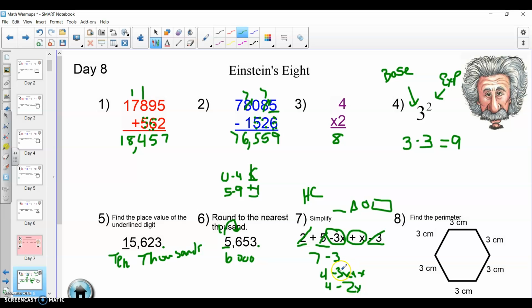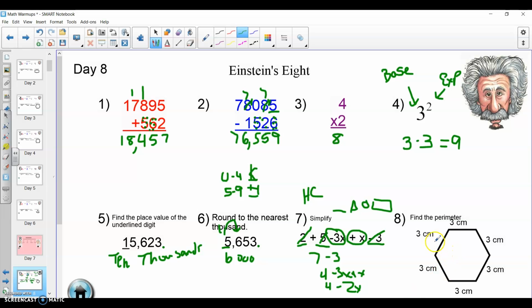Because this is 3x. This is a negative 3. And if I have a negative 3, oh, wait. Yeah, negative 3, that's going to be negative 2x. That's correct. It's not going to be 4, even though a lot of you are like, oh, 3 plus x is 4. You have a negative right here. Okay?